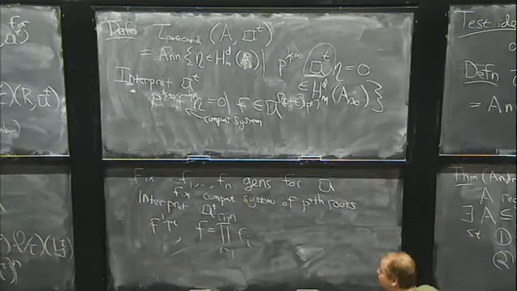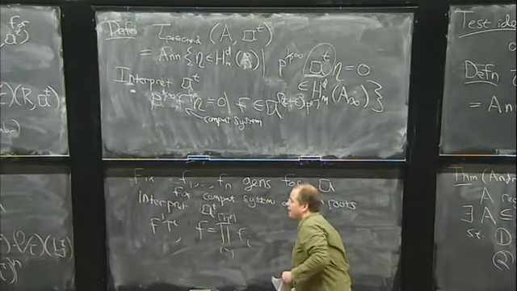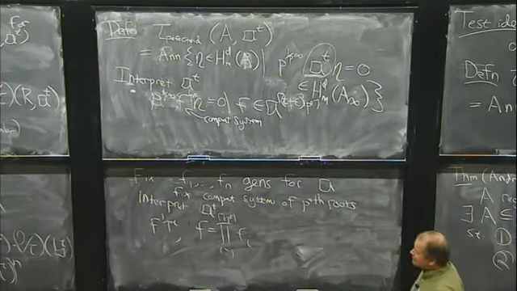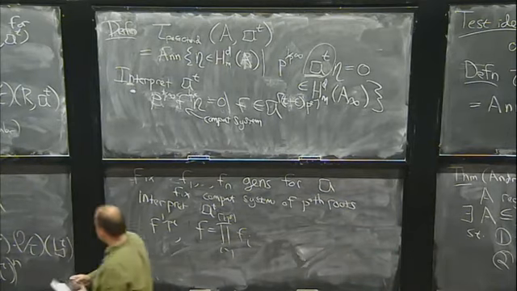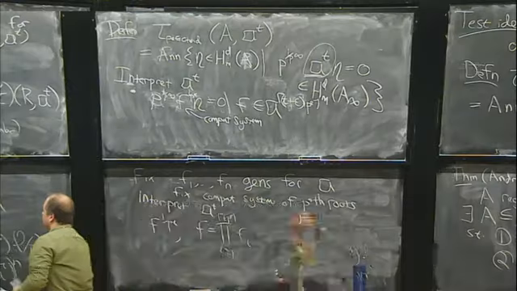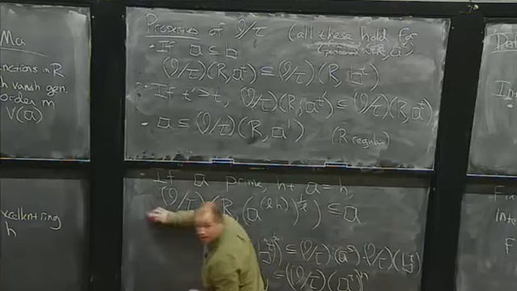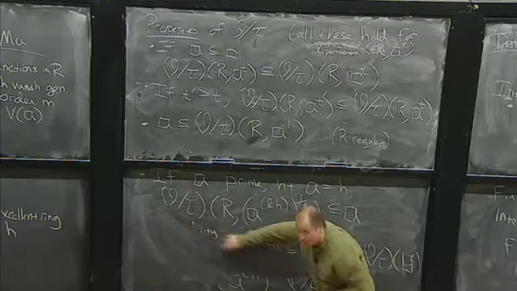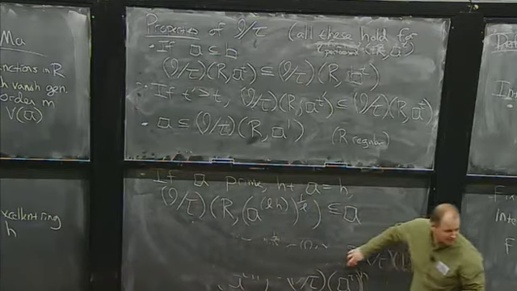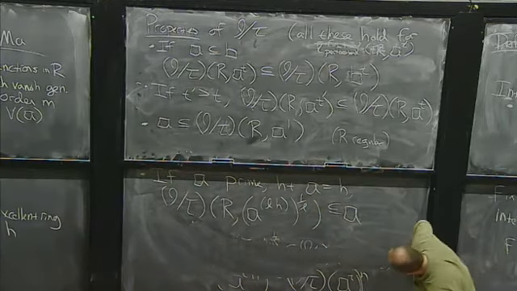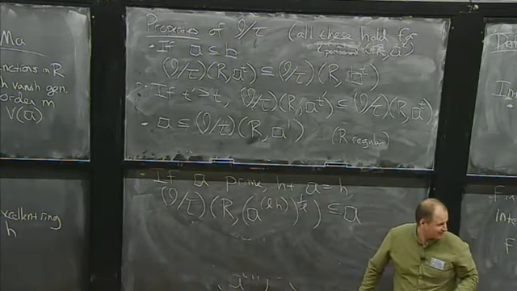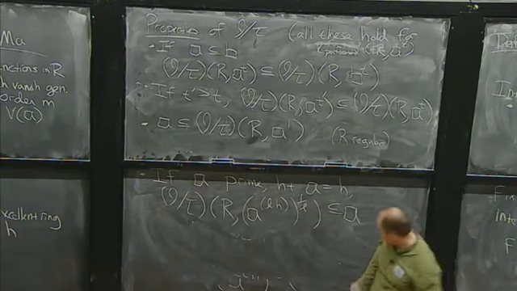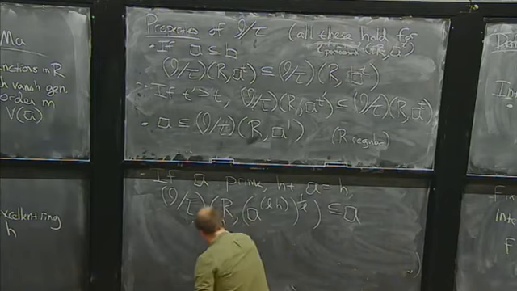Okay, so let me say a teeny bit about this containment right here. And then I'm already out of time, so maybe I shouldn't say anything about it. Can I have like 2 minutes to say something about it? All right, okay, I'll say something about this containment right here.